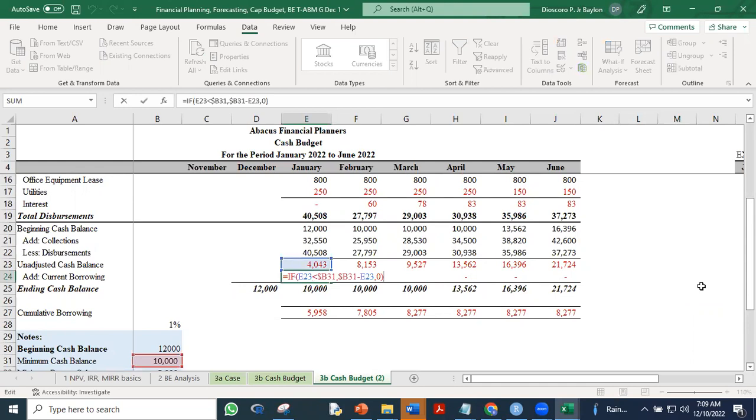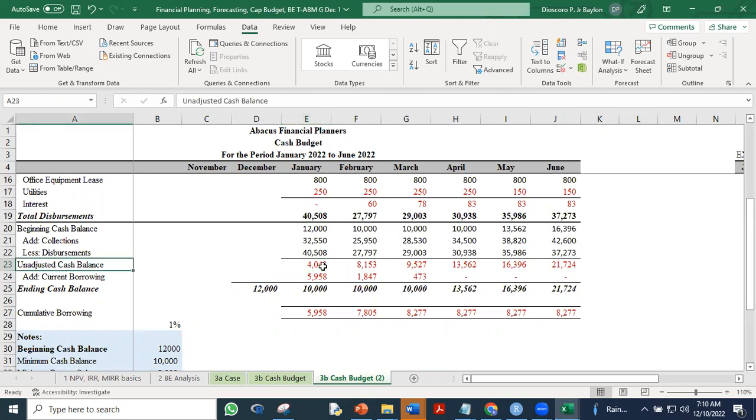All right. Then we have this. We have another if statement. Now we're told that the cash balance should be 10,000 or more. If it is below 10,000, then the company has to borrow so that the balance will be 10,000 or more. In this case, our unadjusted cash balance is only 4,000.